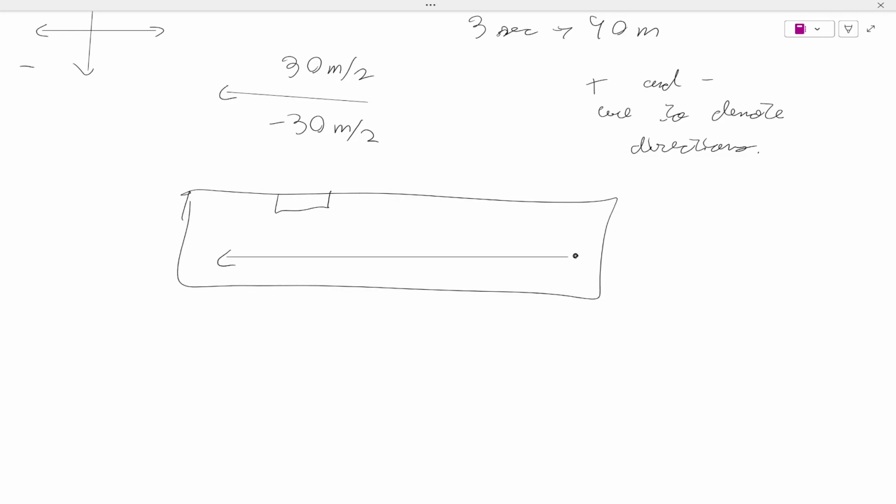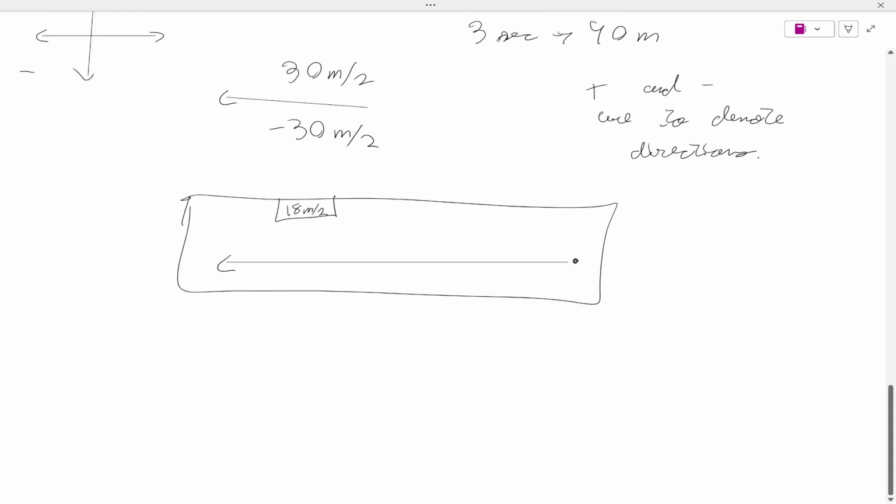I think this is when I reach max velocity. I mean speed. There we go, 18 meters per second. So I'm traveling at 18 meters per second right over there.